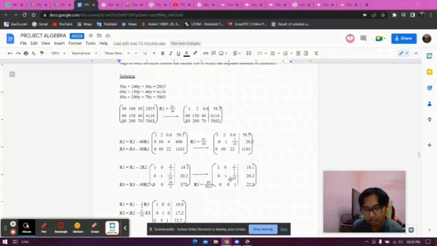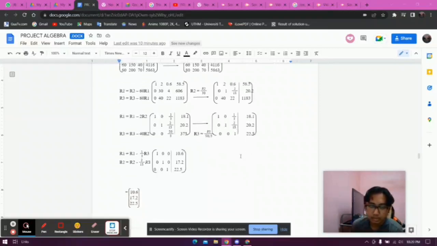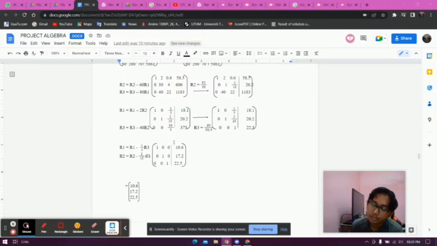Next, we make the third row and third column to be 1, and the solution is row 3 divided by 50 over 3, and we got 1. And for the last, we make it zero. For row 1, row 1 minus 1/3 times row 3, we get zero.